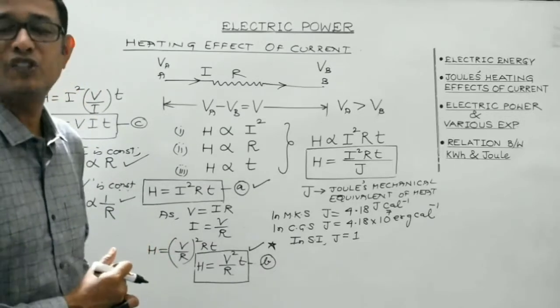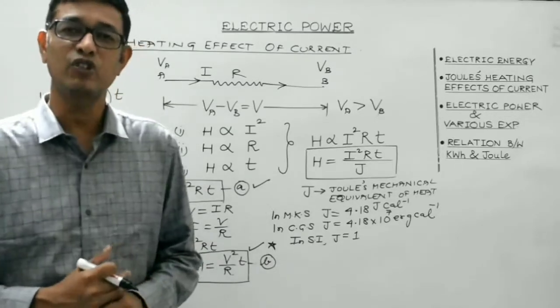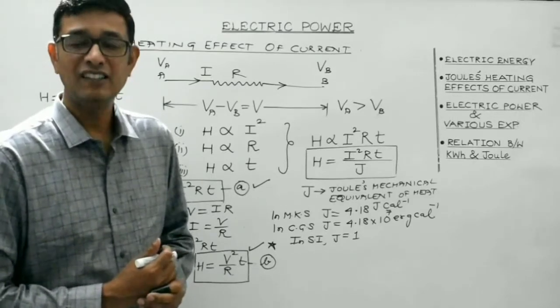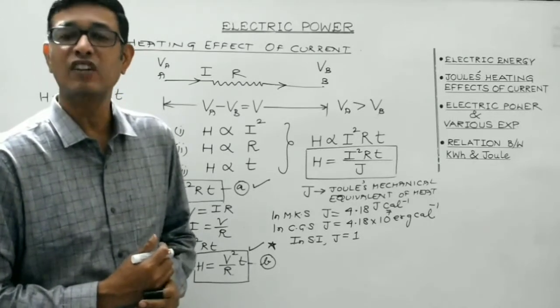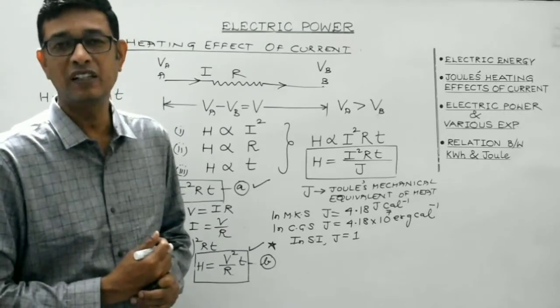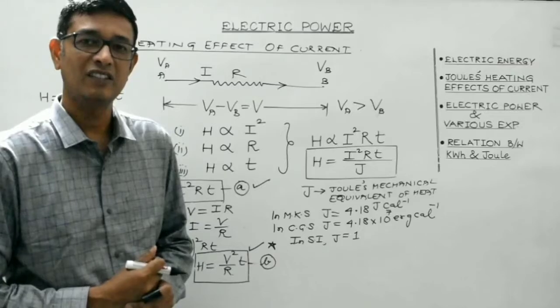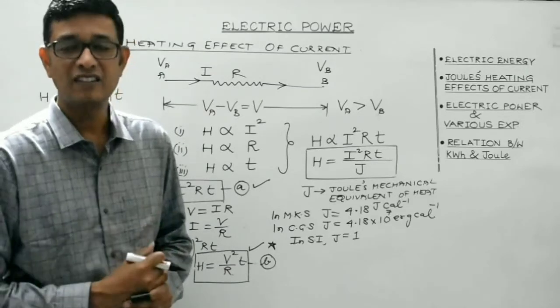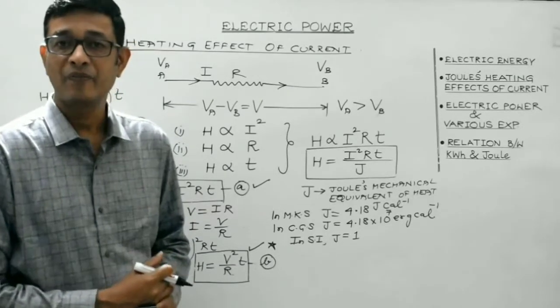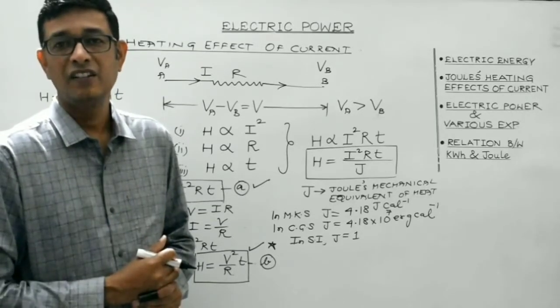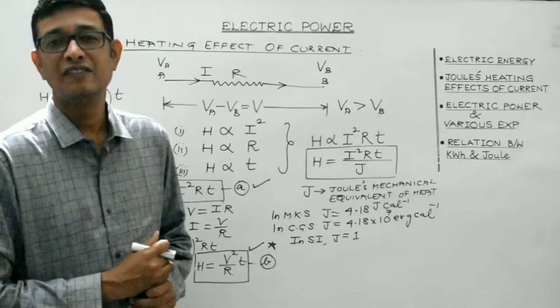And there are various applications of the heating effects of current. Actually, it won't be wrong to say that almost all the electrical appliances that we use in our daily life are based on Joule's heating effects of current. Like electric iron, then electric heater, geyser, electric iron.